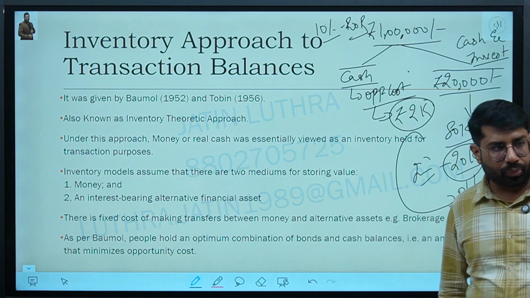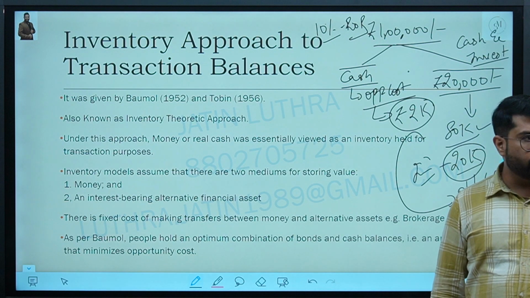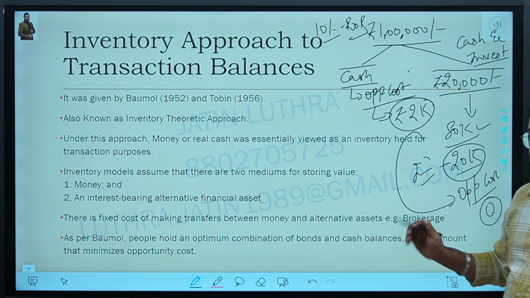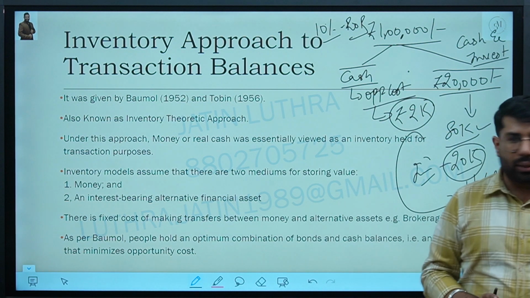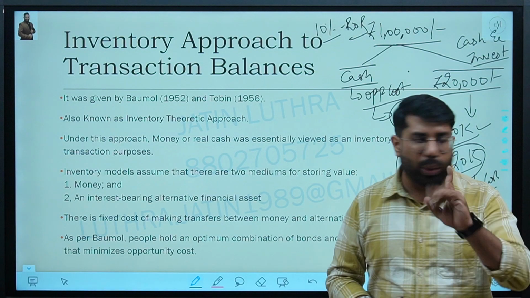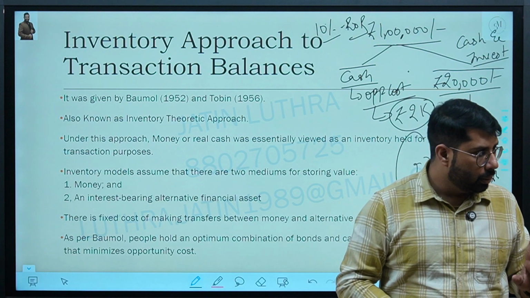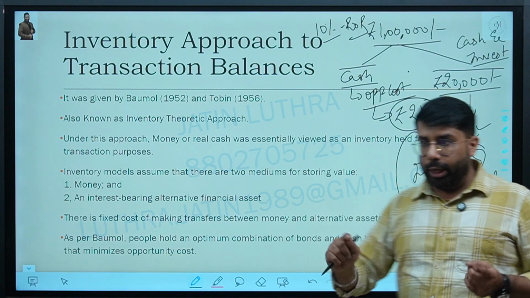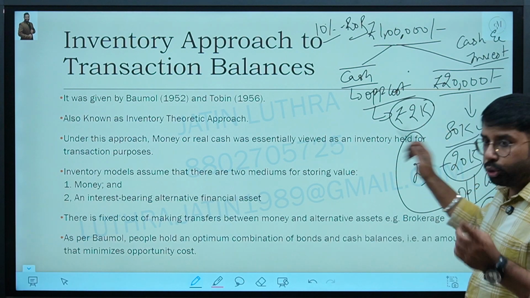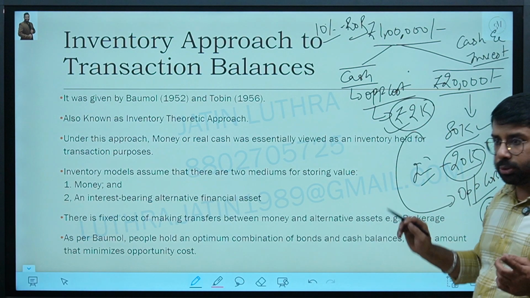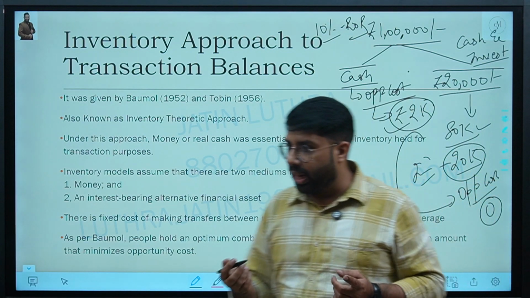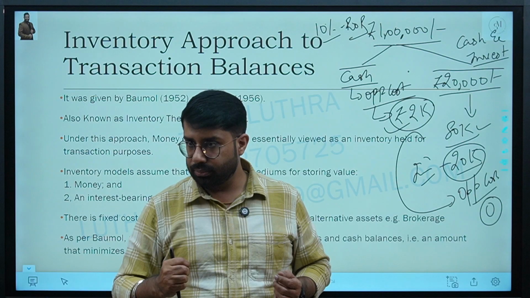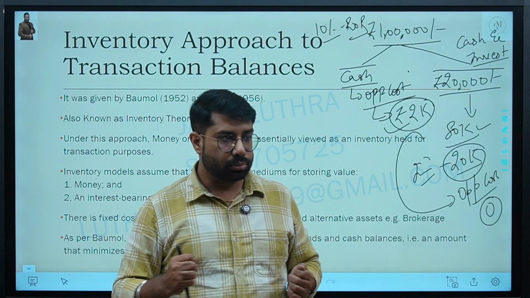And the balance 10,000, when they invest, how much return will they earn? 10% of 10,000, that is 1,000 rupees of return. In that case, what will be their opportunity cost? 1,000. Their opportunity cost could have been 2,000, but because they decided to invest some part of their idle money, their opportunity cost is minimized. Yes or no? Yes, sir.